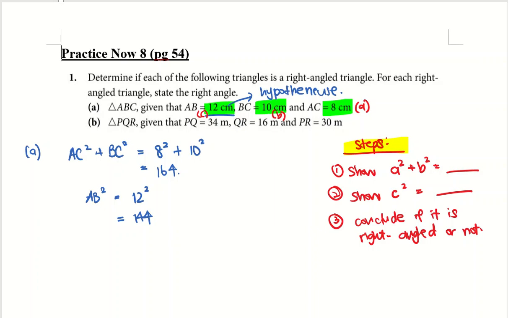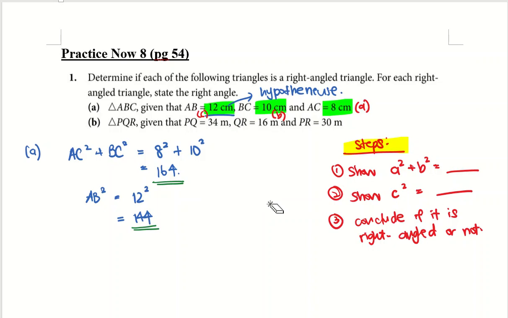If you notice that these two values, the one that I'm going to circle in green, the value for a square plus b square and the value for c square, are not the same, that means a square plus b square is not equal to c square. And if it's not equal, then we can conclude that it is definitely not a right angled triangle.